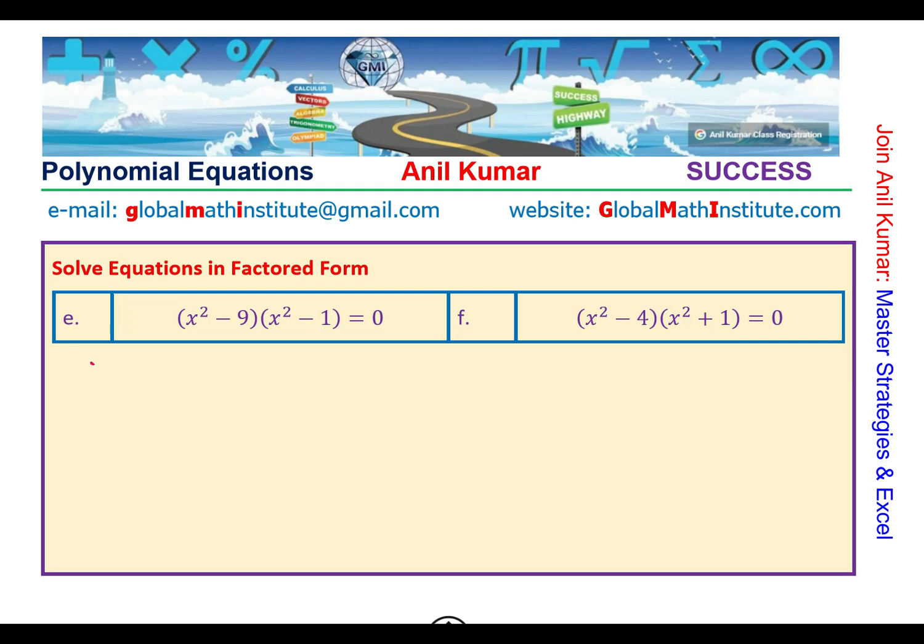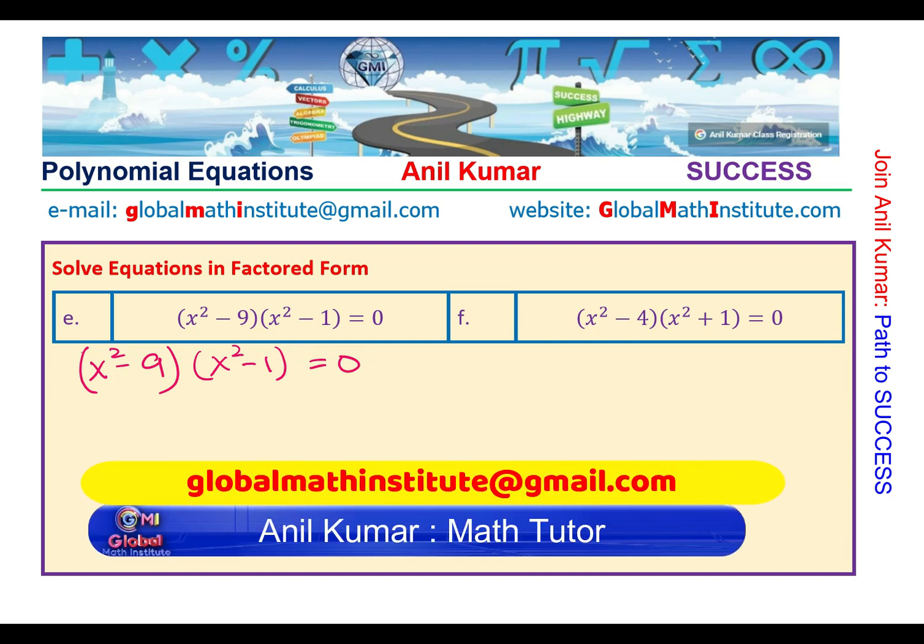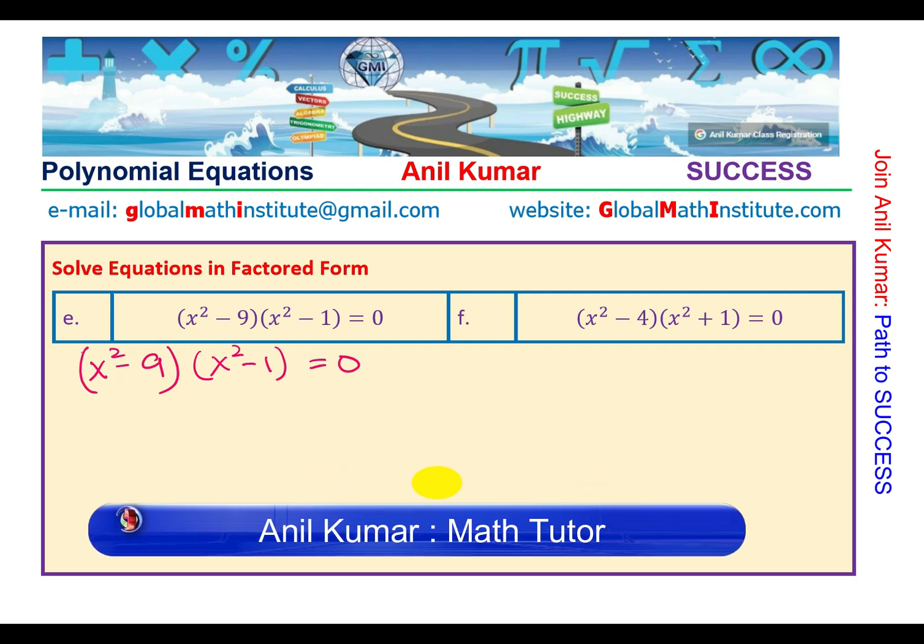The last set is right there before you. So we have now x square minus 9 times x square minus 1 equals to 0. Can you tell me how many solutions do you expect from this equation? Well, let's equate and then find the solution.